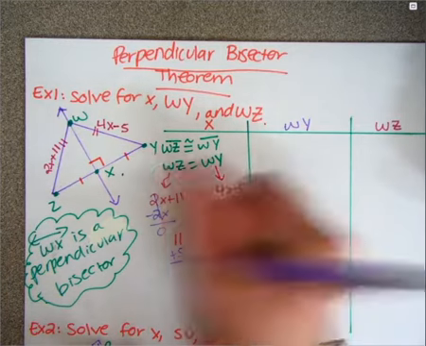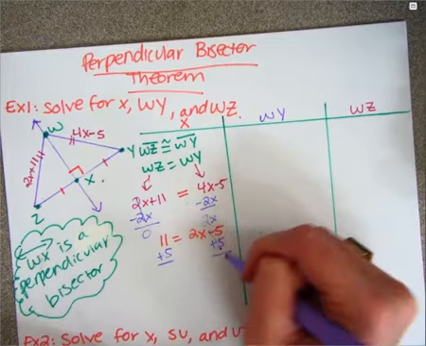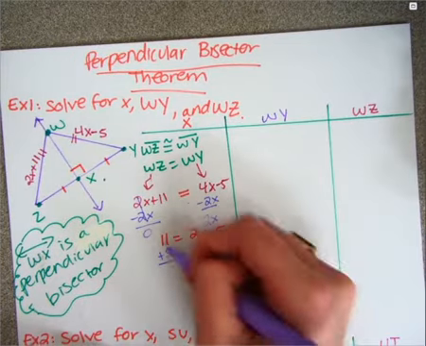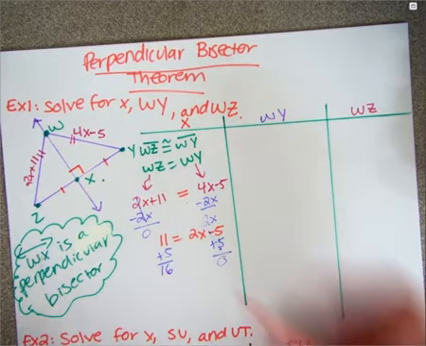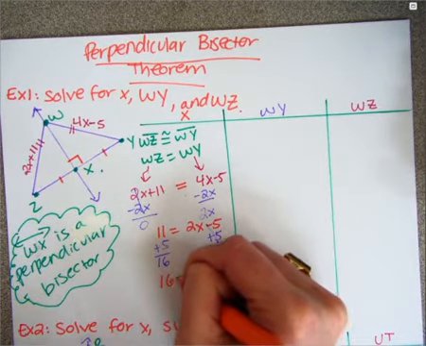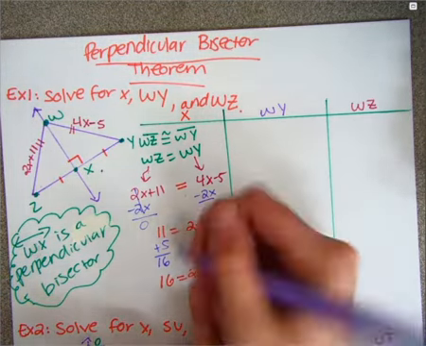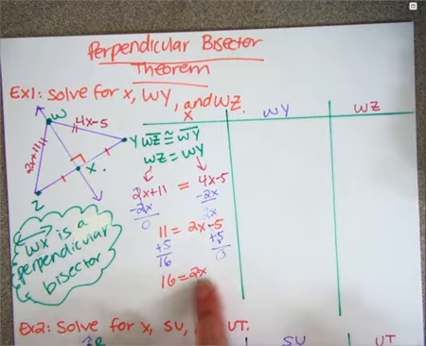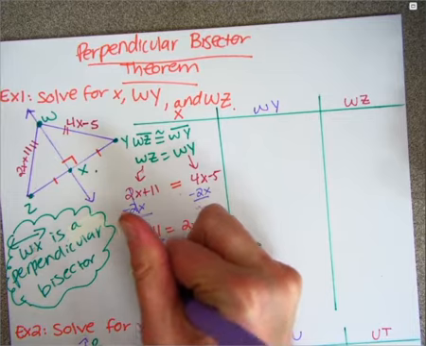Negative 5 plus 5 will cancel and turn to 0. 11 plus 5 will give me 16. So I have 16 equals 2x. Okay, I'm really close to solving for x. That 2 is secretly multiplying the x, so the way I move it over is by dividing, the opposite of multiplication.